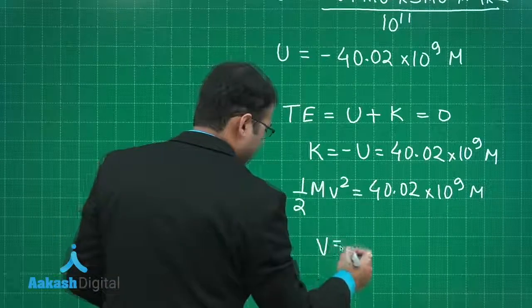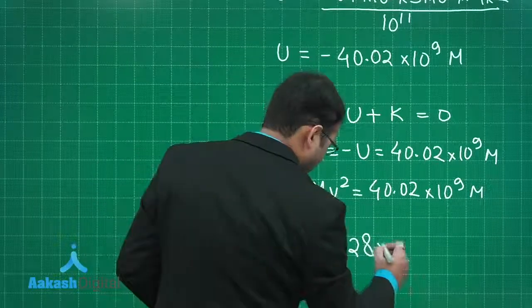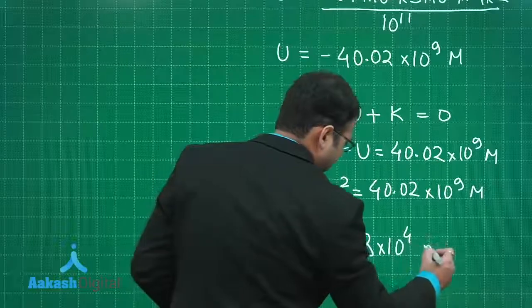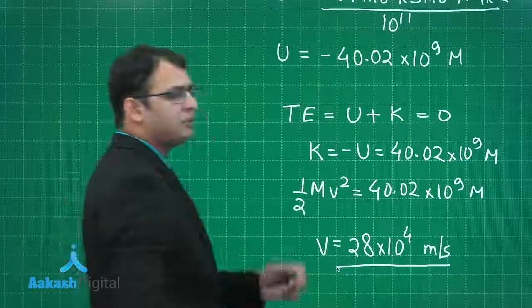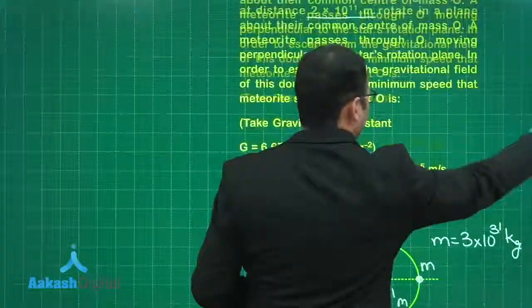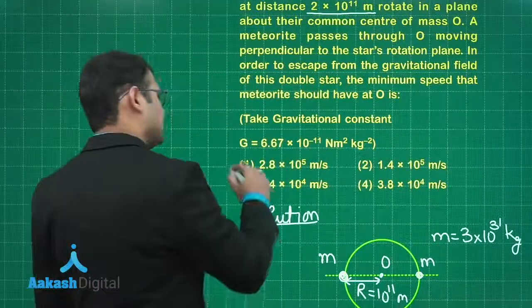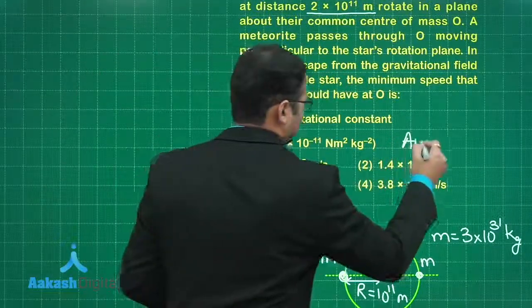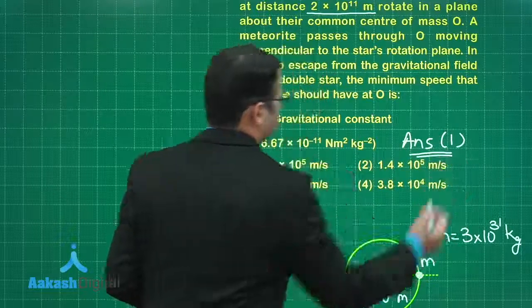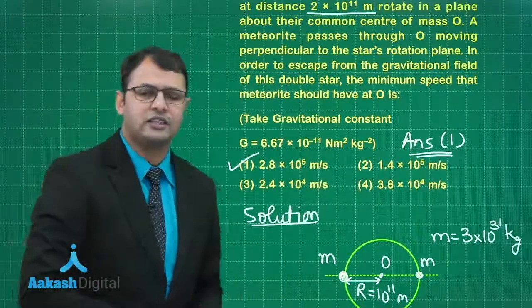Solving this, V will be equal to 28 into 10 to the power 4 meters per second. Let's see which is the best suited option here. Among the given options, answer 1 is the correct answer. Right? Let's move ahead and see our next question.